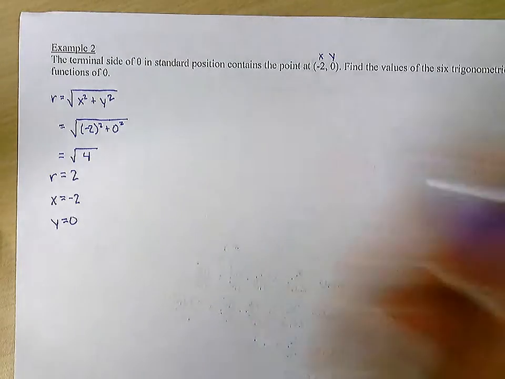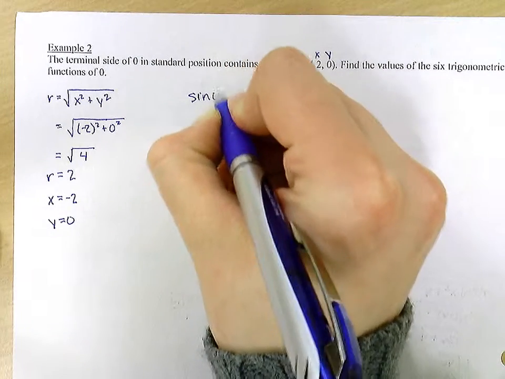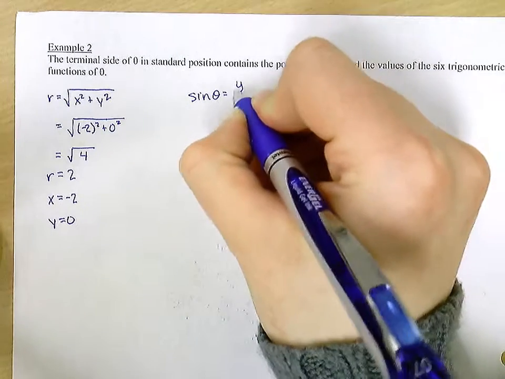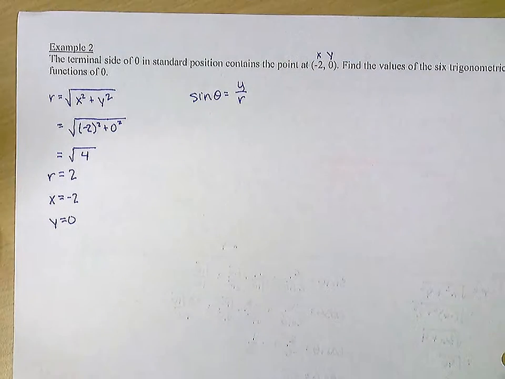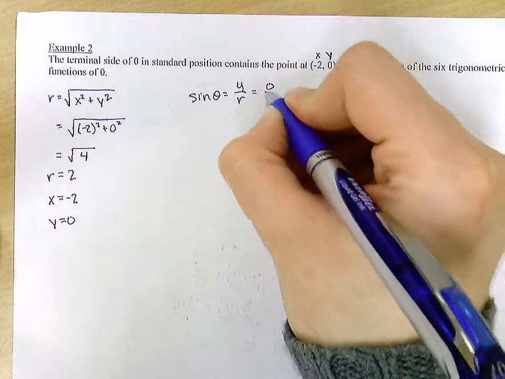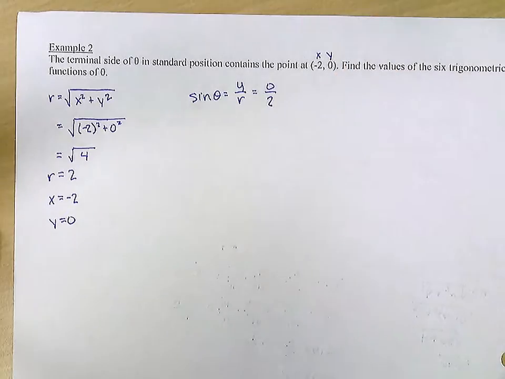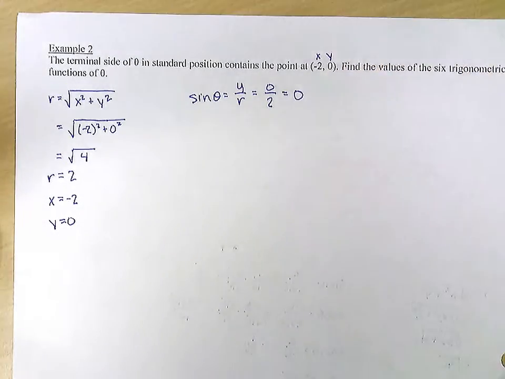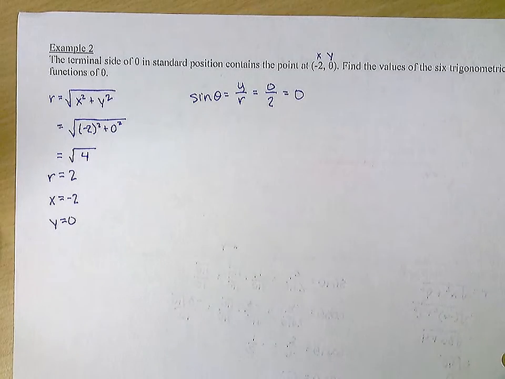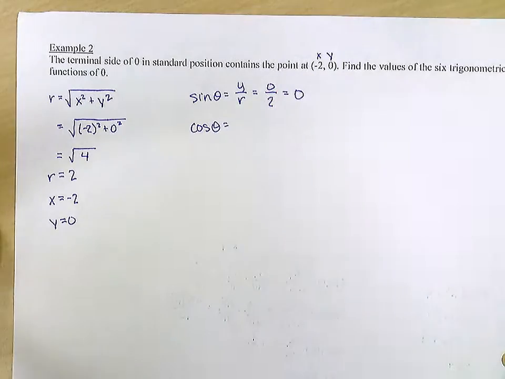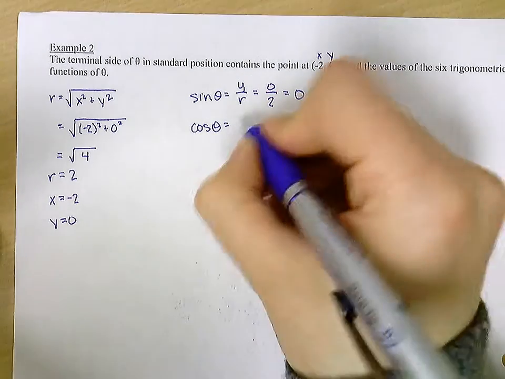So the first one we have is sine. Okay, sine of theta is y over r. So I have my y value is 0 over my r value is 2. If I have 0 over any number, that's 0. Okay, cosine of theta is x over r.